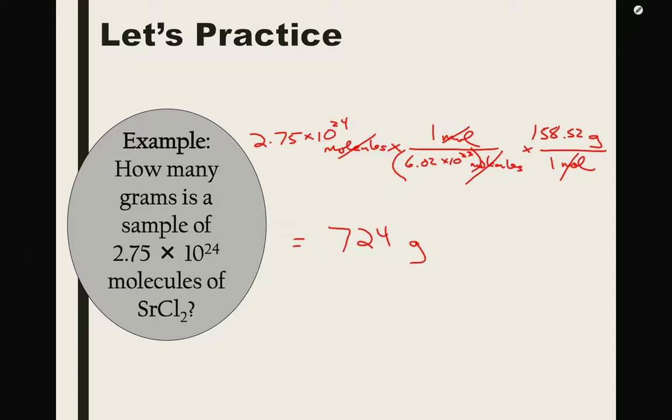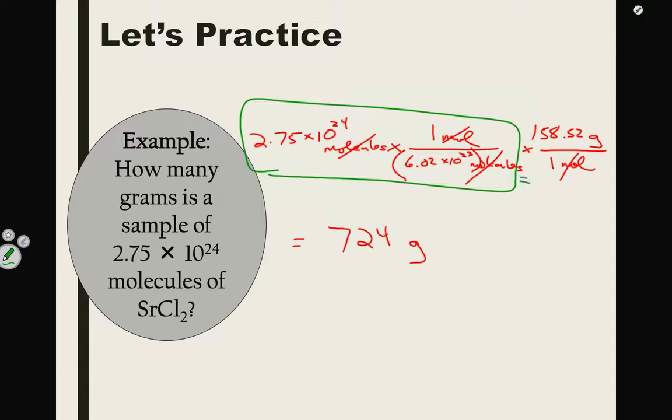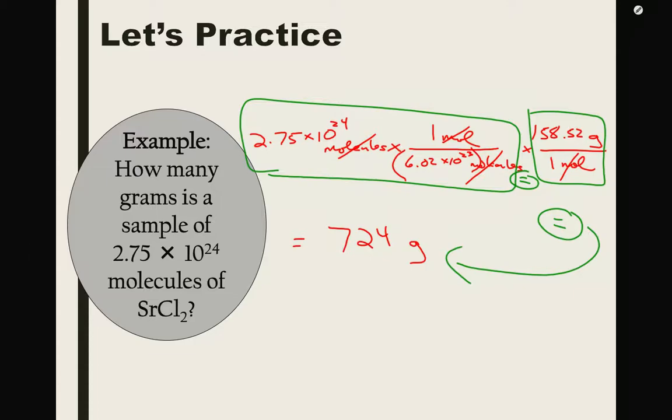If you want to do this piece by piece, meaning do this first calculation, hit the equal sign, and then do this calculation, and then do the equal sign, you can do that. You'll end up with the exact same answer.